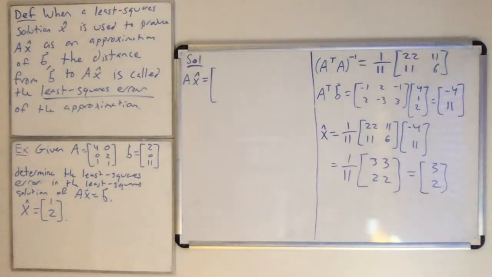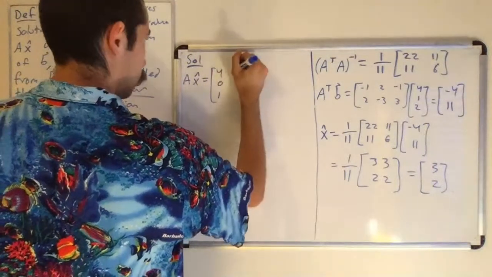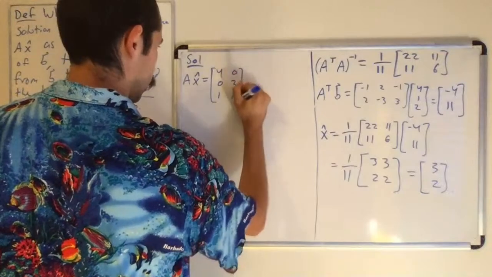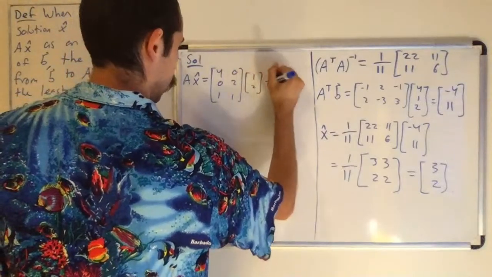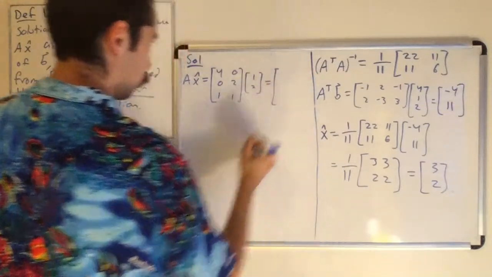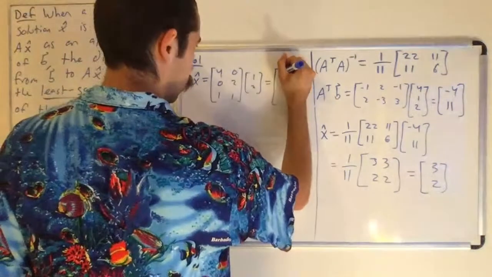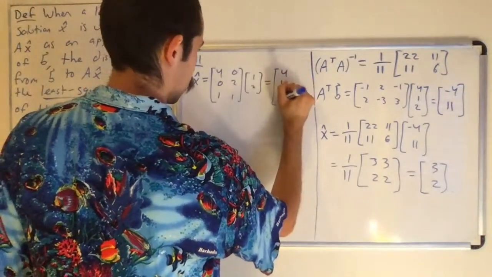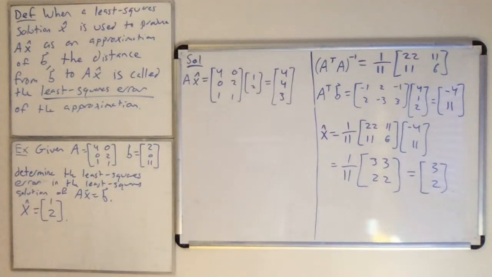So A x hat is the matrix 4, 0, 1, 0, 2, 1 times the vector 1, 2, which is 4, 4, 3.